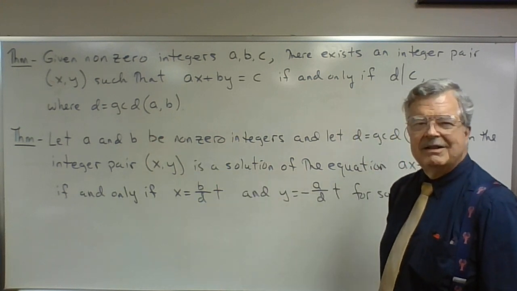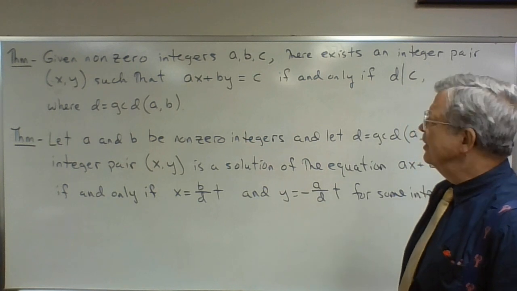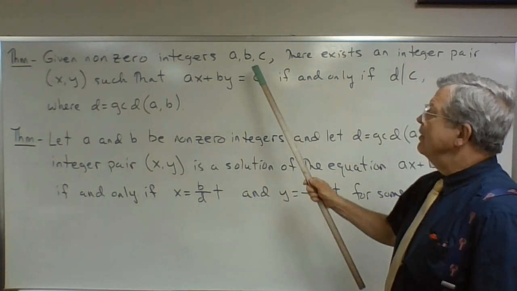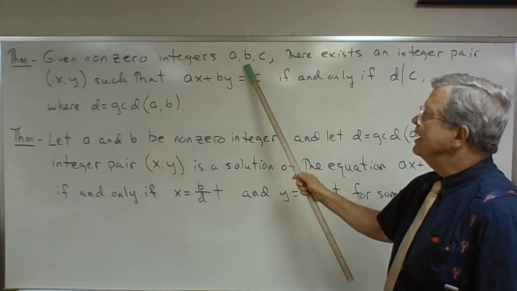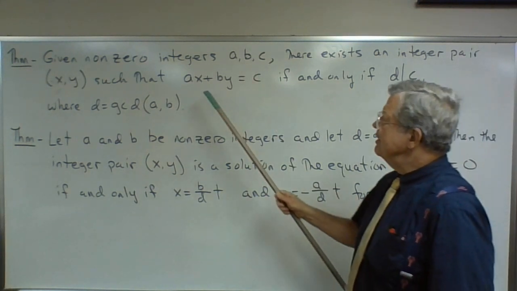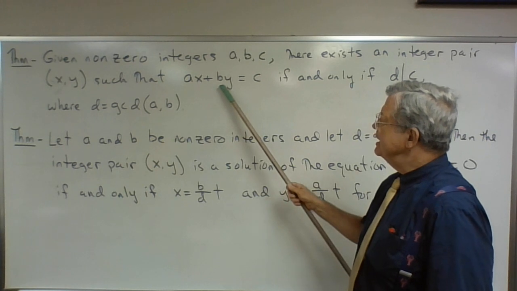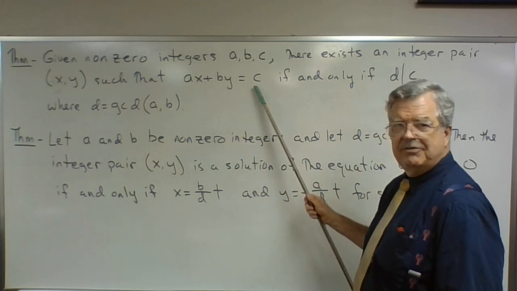Okay, but let's see if we can say this a little bit more coherently. We have non-zero integers a, b, and c, and we want to get a linear combination of a and b that equals c.